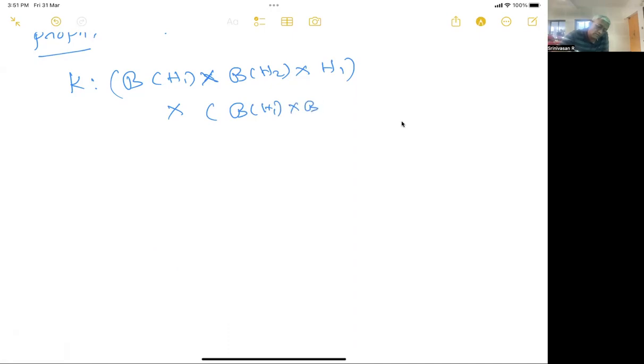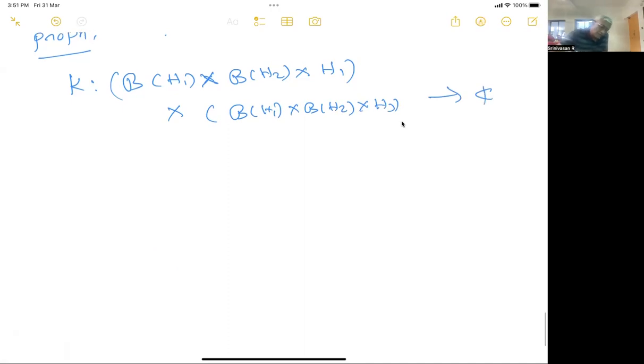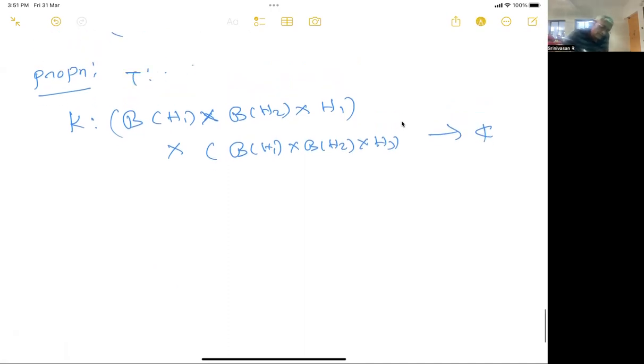So B(H_2) cross H_1 to C. T is a completely positive map. T is from B(H_1) to B(H_2), a CP map.